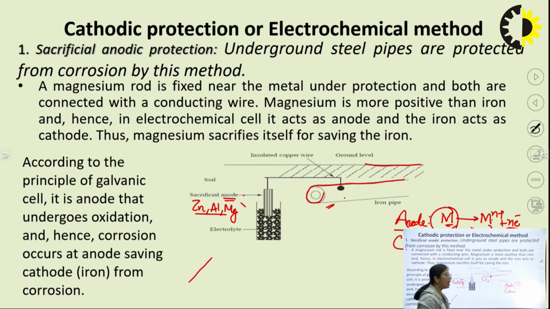And we know that in corrosion, it is always the anode which is going to get corroded, and the cathode is always going to get protected. So, here, according to the principle of galvanic cell, it is anode which undergoes oxidation, and hence corrosion occurs at anode, saving the iron which is acting as cathode from corrosion.